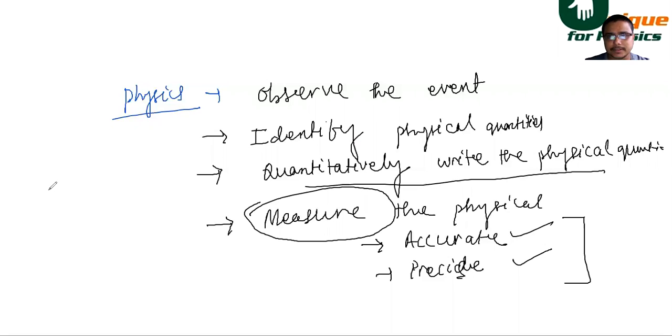And if there is some error in the measurement, how we can identify the sources of error, and how we can minimize or eliminate the errors or the uncertainties present in our data, so that we can give a clear conclusion about the event or the measurement that we did. That's why this is important. Measurement plays an important role in the investigation in the scientific approach.